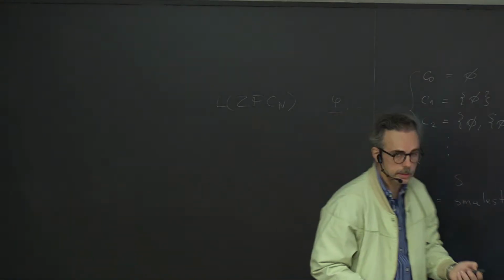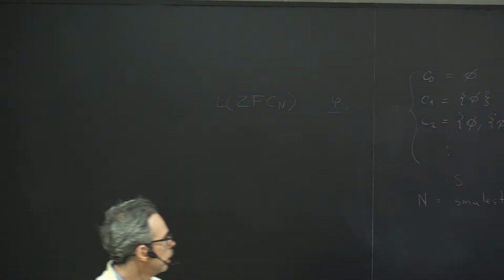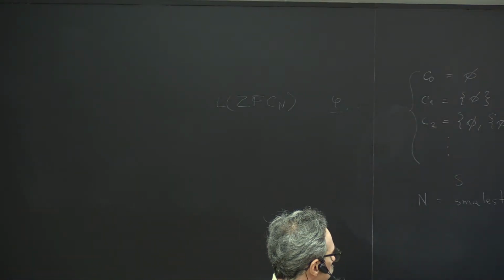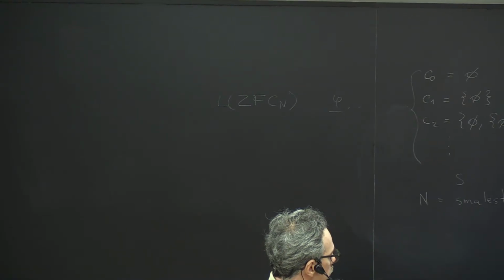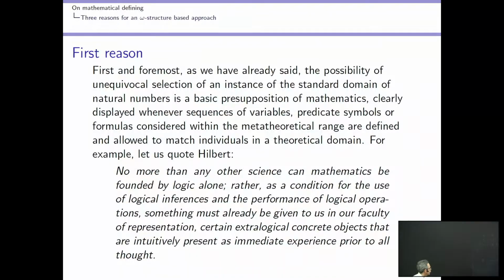Where is Hilbert's citation? It is the same thing that will answer your question. Hilbert's citation is here: "No more than any other science can mathematics be founded by logic alone. Rather, as a condition for the use of logic, something must already be given to us."